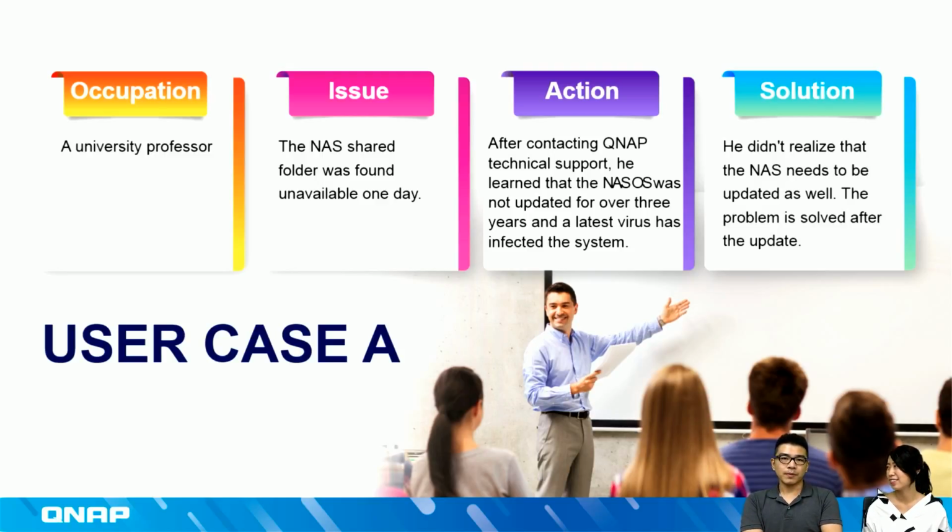So maybe I'll wait for the next version. Version by version, this is a real case where it went on for 3 years. So this is a very serious problem. If you are using any smart device or anything related to the internet, you have to remember to update your firmware to the latest one.